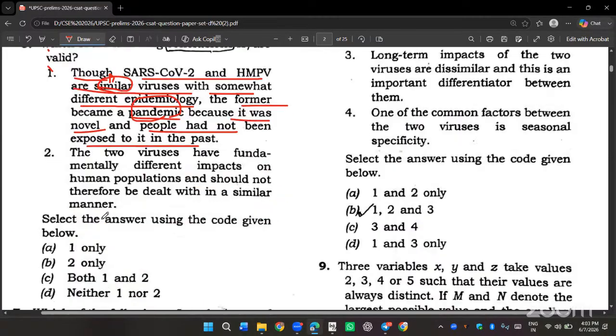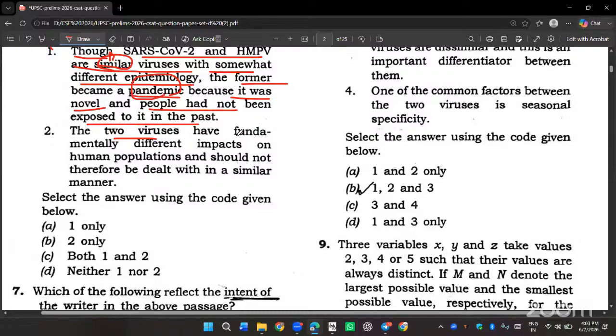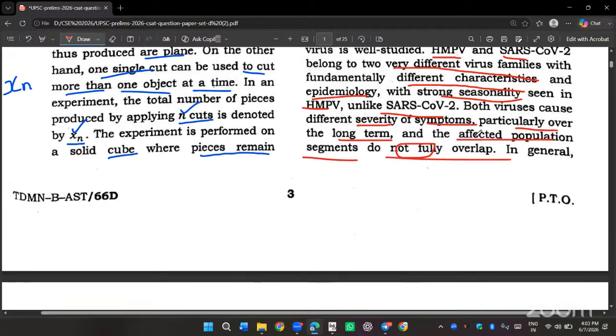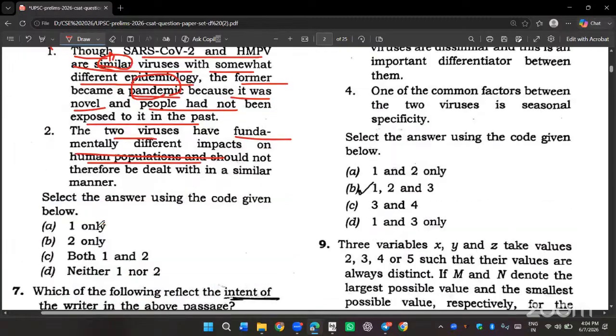Next statement. Two viruses have fundamentally different impacts on the human population. So here it is given: viruses cause different severity of symptoms. Correct? Two viruses have fundamentally different impacts. Symptoms, okay? That is important.